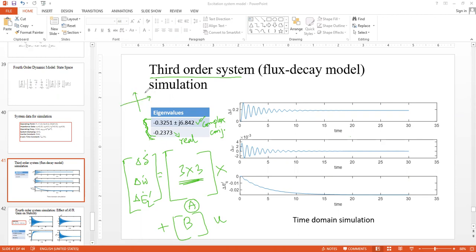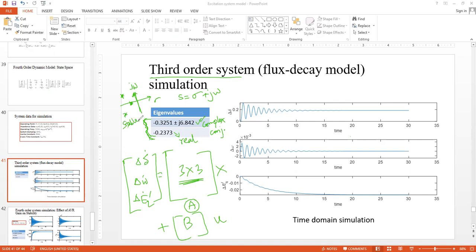If I denote this S plane by sigma plus j omega, sigma is along the real axis and j omega is along the imaginary axis. The roots, minus 0.2373, minus 3.251, and plus minus j 6.842, would be somewhere there. Because all of these roots lie in the left half of the S-plane, the system is stable.